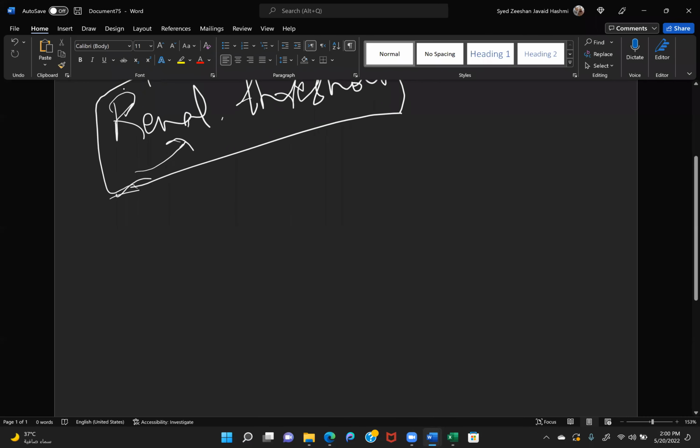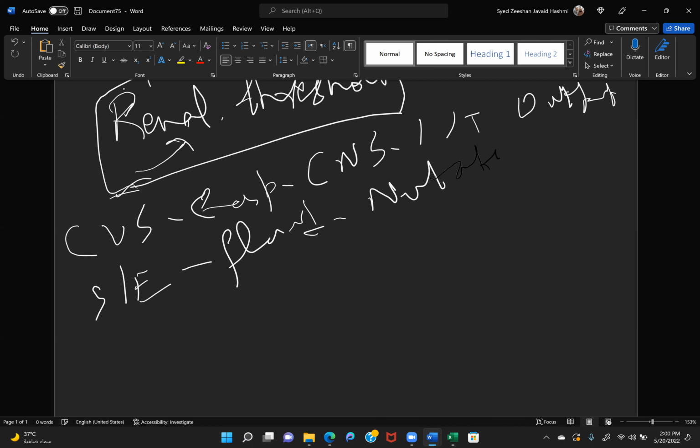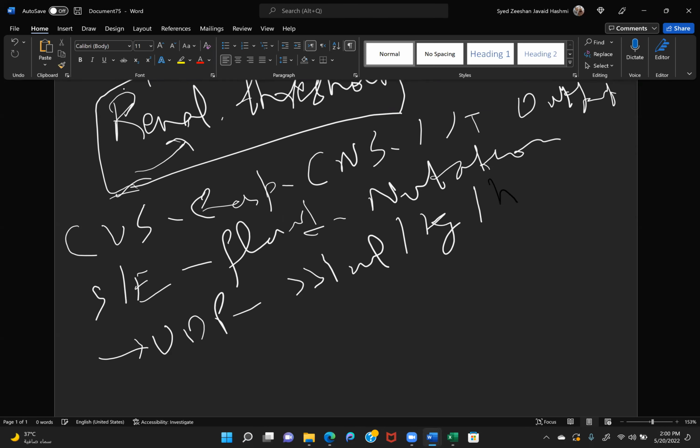So just to recap, we discussed CVS, respiration, and CNS, intake output. Okay. And serum electrolytes, similarly fluid balance, nutrition. Okay. Then a very important one next will be related to, just a second, urine output. You have to maintain more than 1 ml per kg per hour.